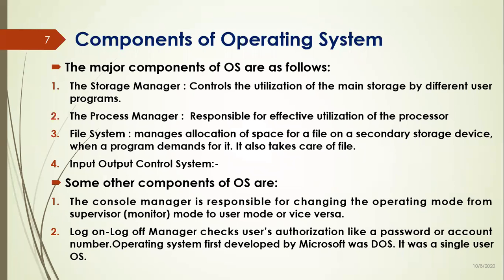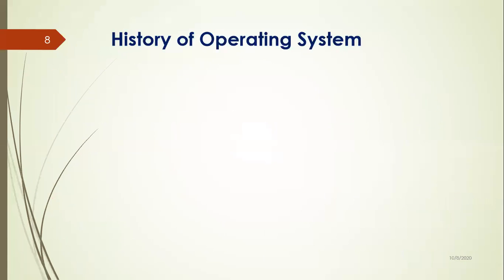If you are using a multi-user system, multiple users are there. When you log in, it is going to check whether that user is authorized or not, by checking your username and password.